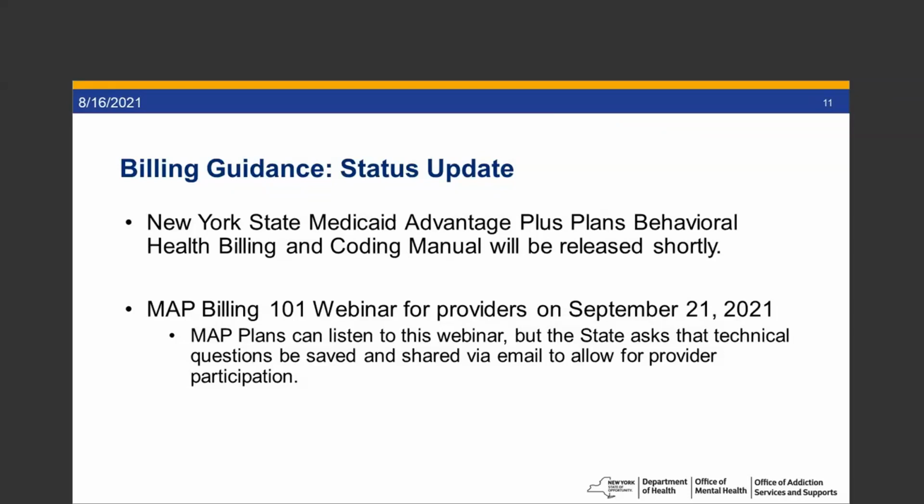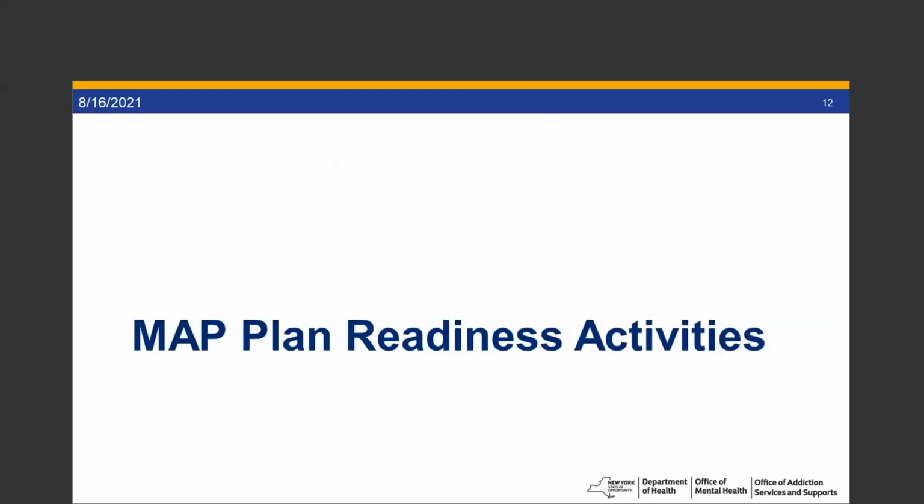And of course, MAP plans can listen to this webinar, but we would ask plans to save their specific questions via email to allow for the provider participation. So that will be the 2 slides I need to cover. I'm going to turn it over to my colleague Alyssa for the next page.